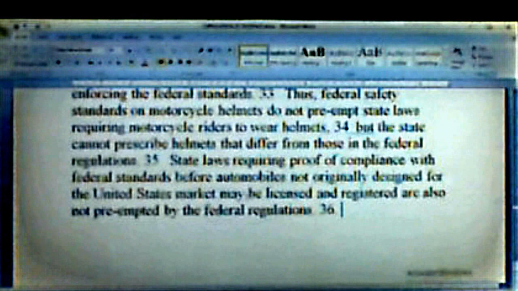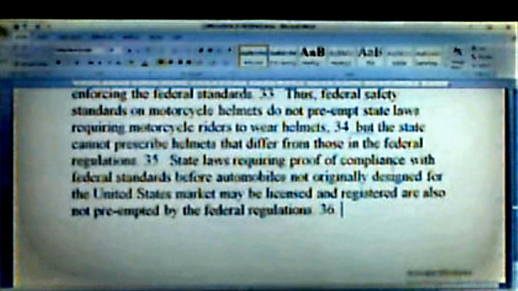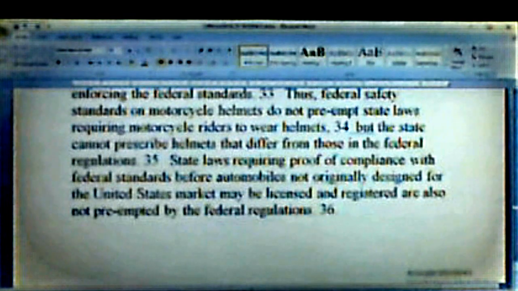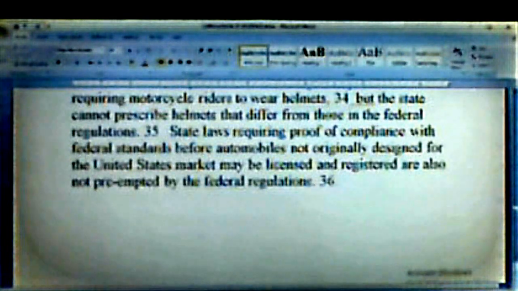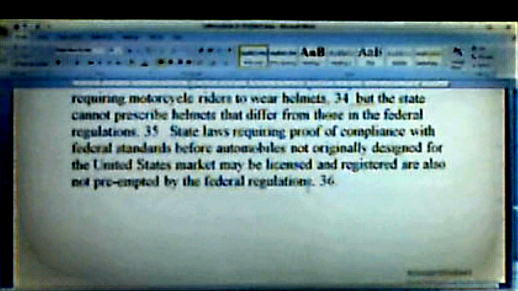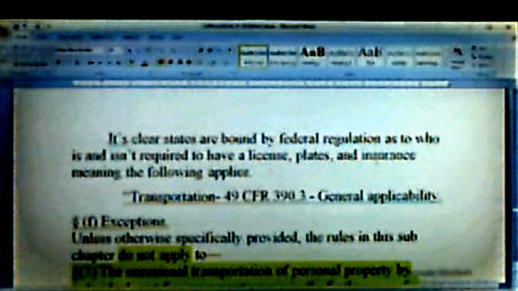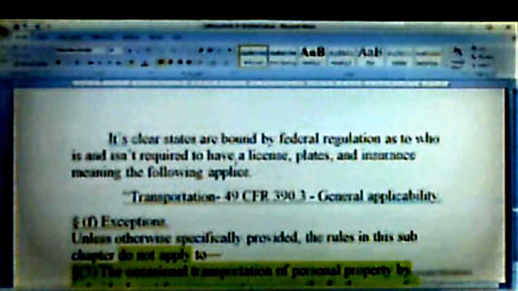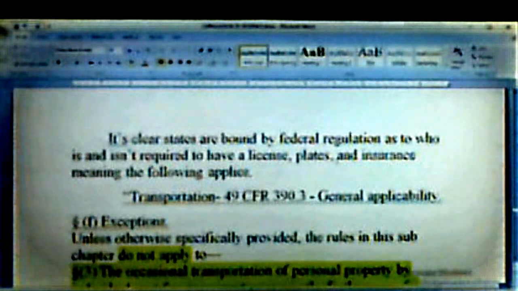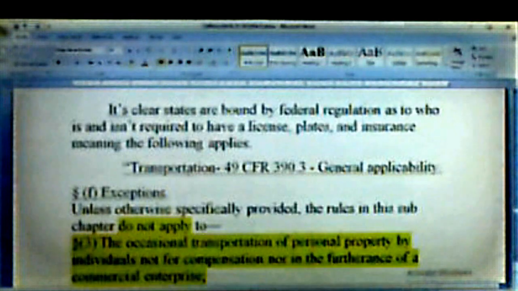Okay, state laws that are requiring proof of compliance with federal standards before automobiles not originally designed for the United States market may be licensed and registered are also not preempted by federal regulation, right? So it's clear that states are bound by the federal regulations as to who is and isn't required to have a license, plates, and insurance, meaning that the following applies.